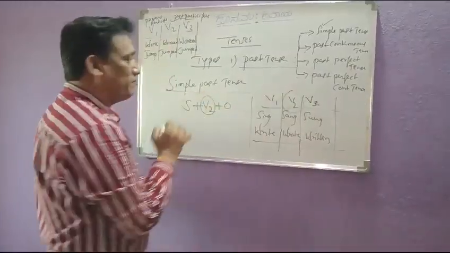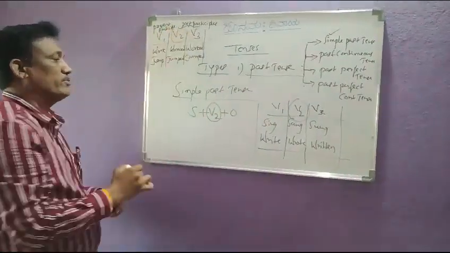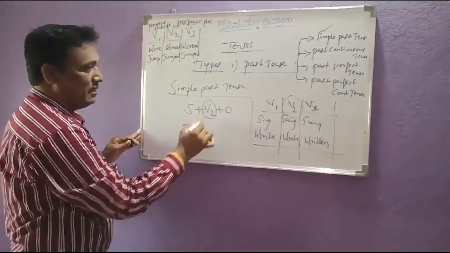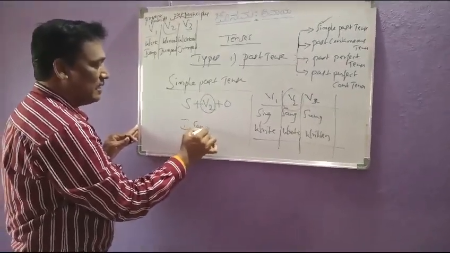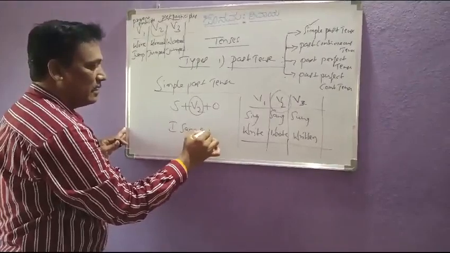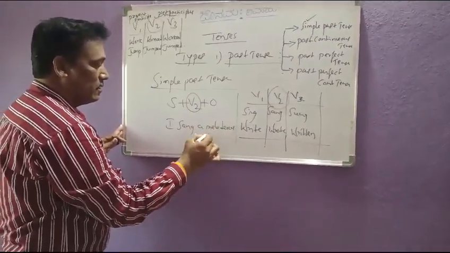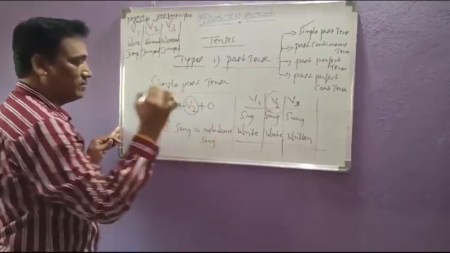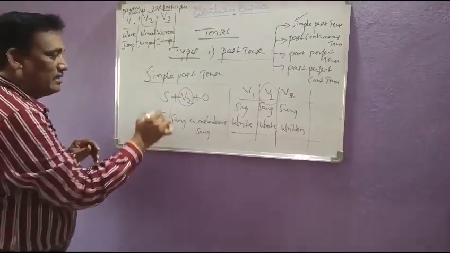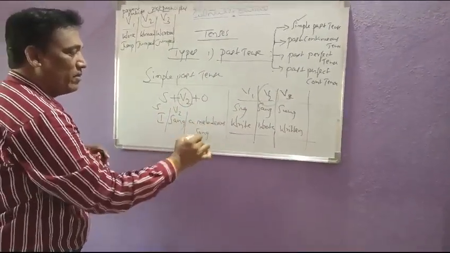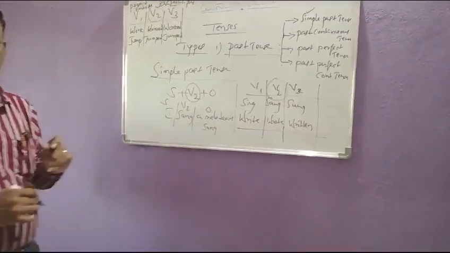Okay. So just see here, in this part V2 is used. For example, subject: I sang a melodious song. So I is the subject, sang is the V2, a melodious song is the object.